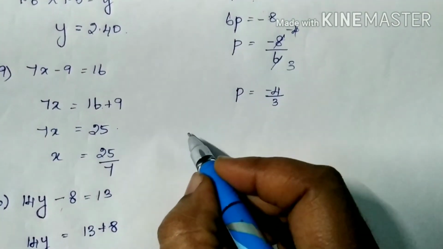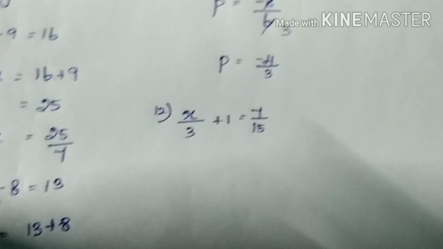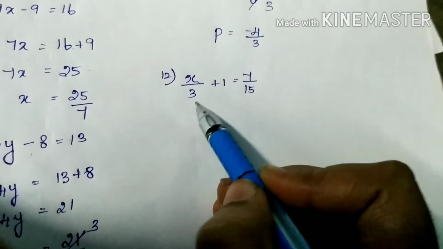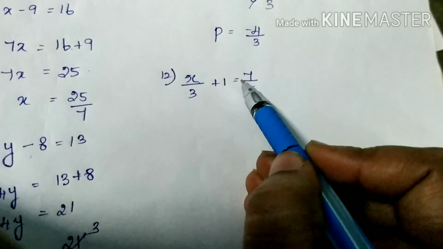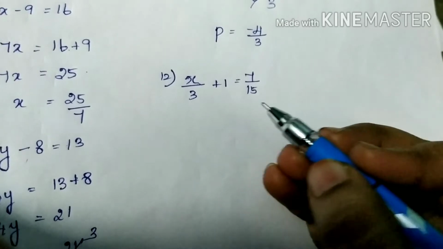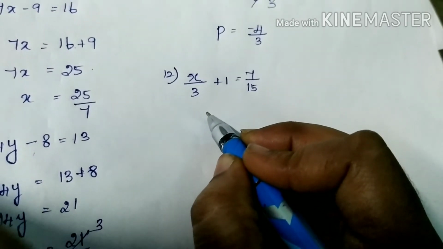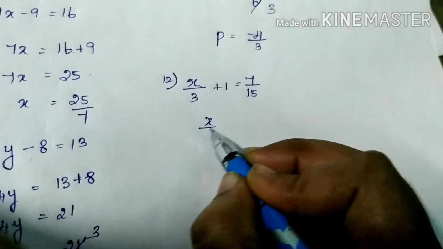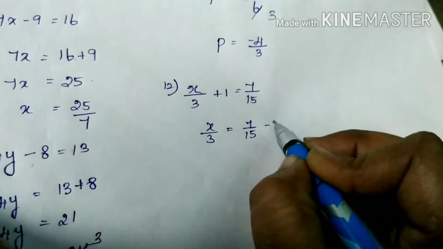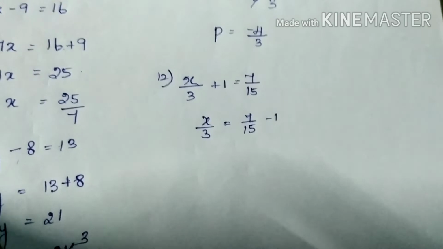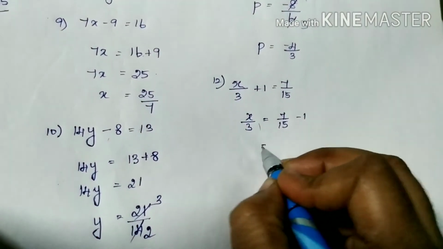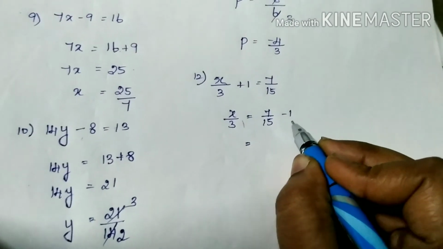And your next question, 12th question. 12th sum, x by 3 plus 1 is equal to 7 by 15. So you have to find the value of x, so I kept this side. So x by 3 is equal to 7 by 15 minus 1. Here denominator nothing is there.